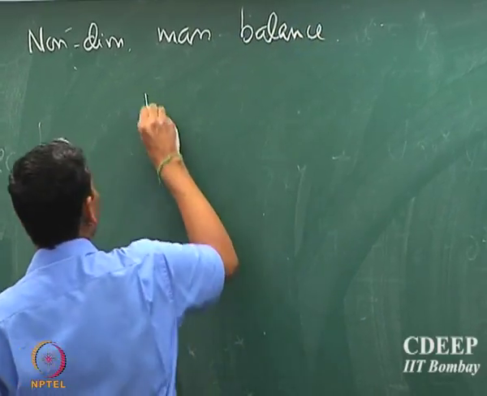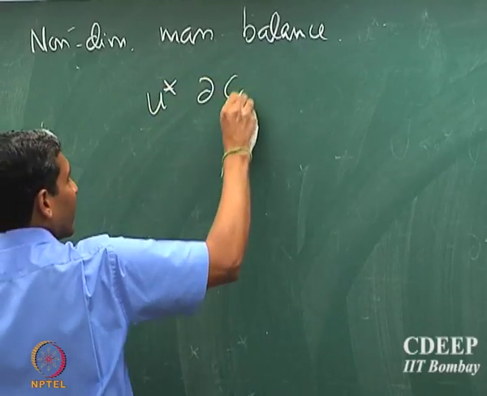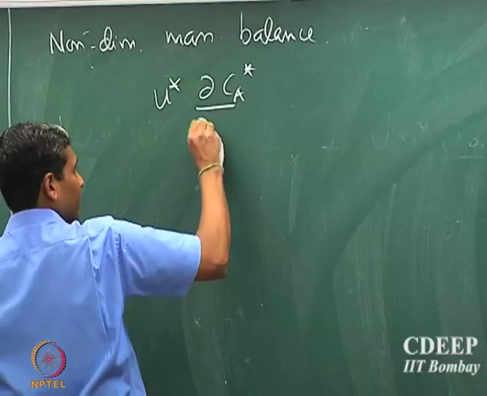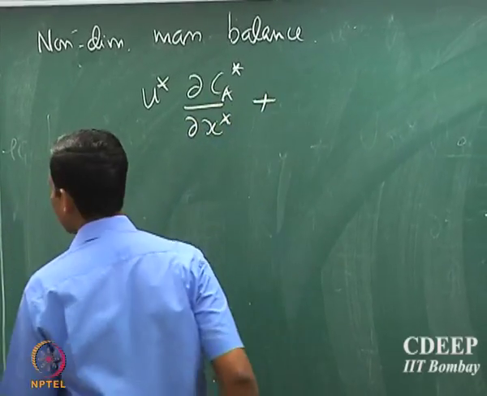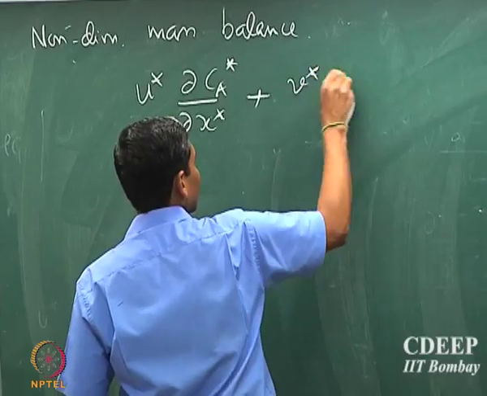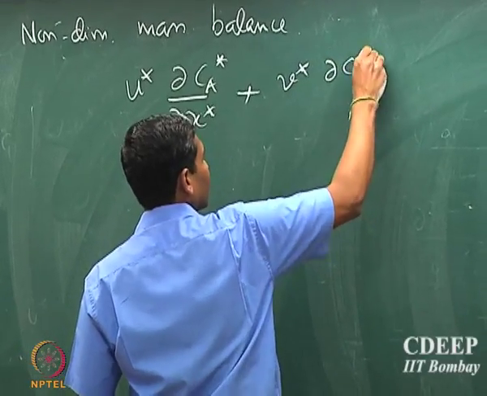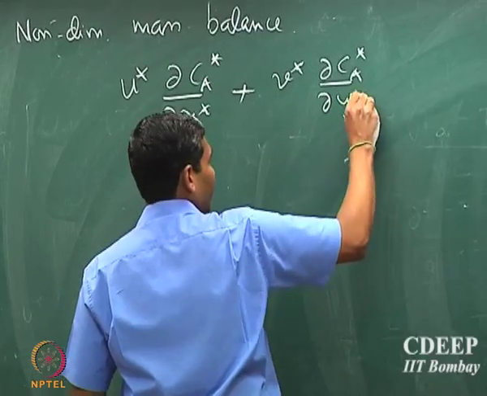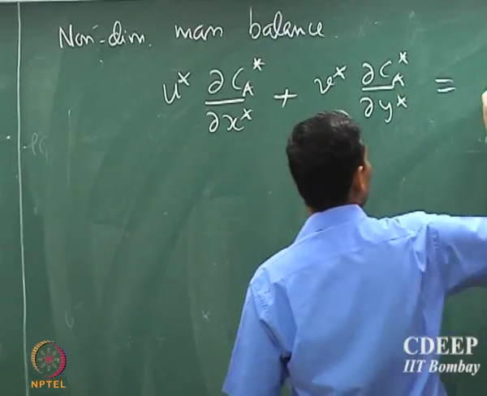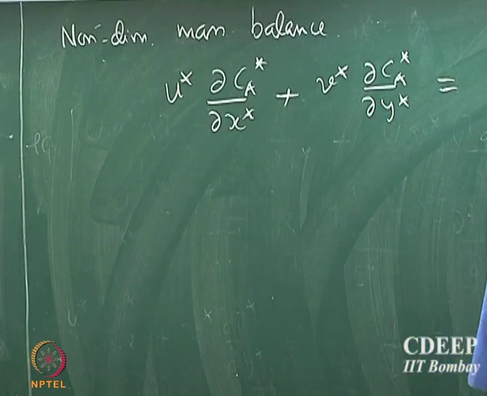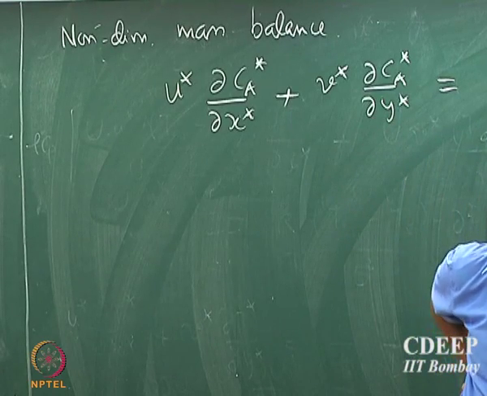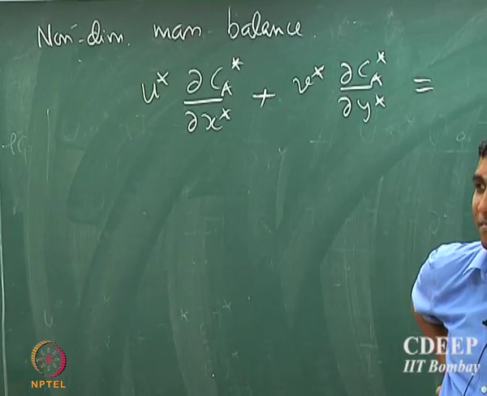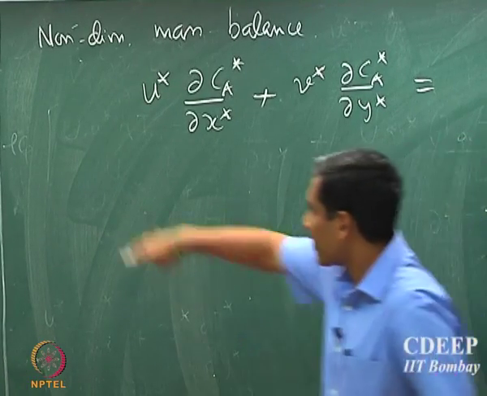will be u star dCA star by dx star plus v star dCA star by dy star, that should be equal to, so let us start from the first one.